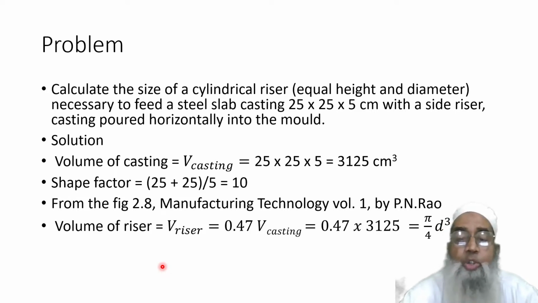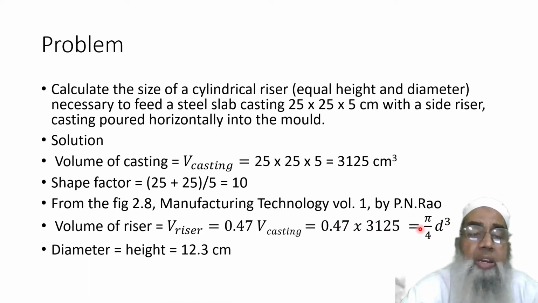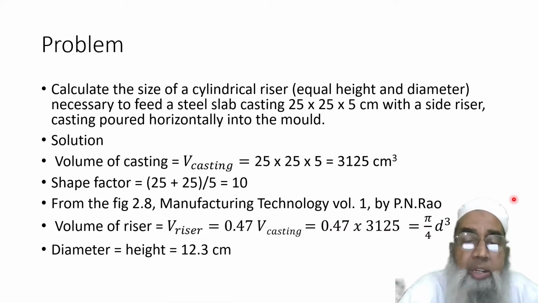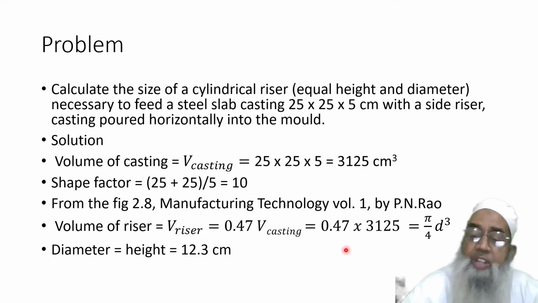That comes out to be 0.47, and therefore the volume ratio of the riser and casting can be equated to the volume of the riser, and that comes out to be 12.3, very much close to the values calculated by Cain's method and ideal values.